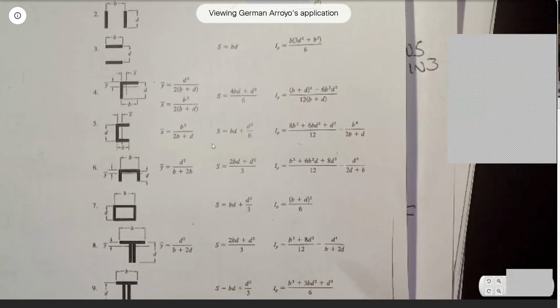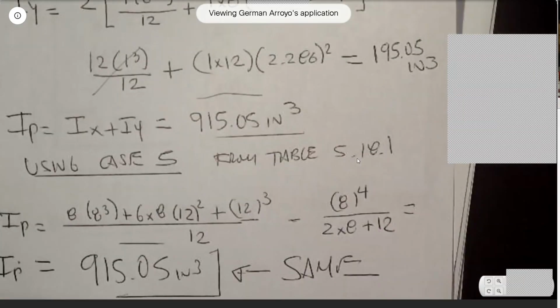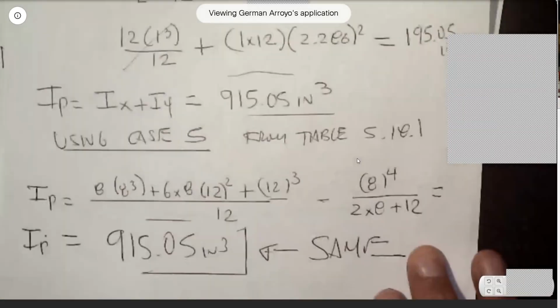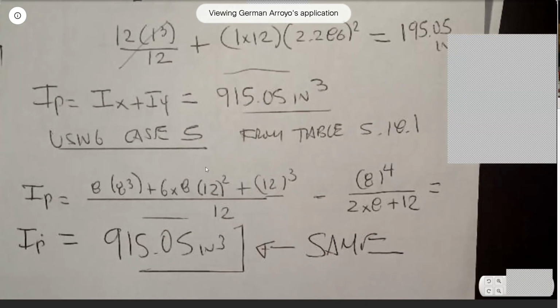This is the formula for ISO P. This is the formula that I had used in here. From case 5 from the table, ISO P, I had computed by using this formula, and it gives exactly the same value.